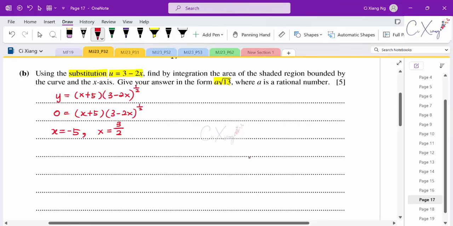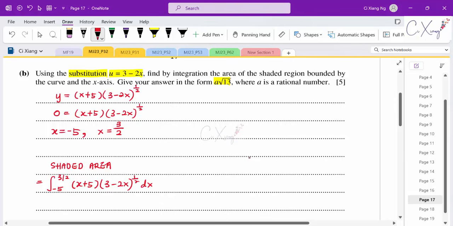So to get the shaded area, the general formula will be integration from negative 5 until 3 over 2 for the equation of y, which is x plus 5, and then 3 minus 2x power half dx.